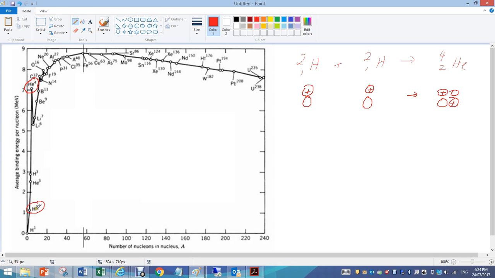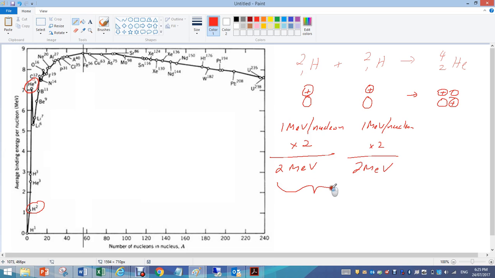So hydrogen-2's binding energy is about 1 mega electron volt per nucleon. There are 2 nucleons, so times 2, that's 2 mega electron volts. This one is hydrogen-2, again about 1 mega electron volt per nucleon, times 2, and that will give you 2 mega electron volts.